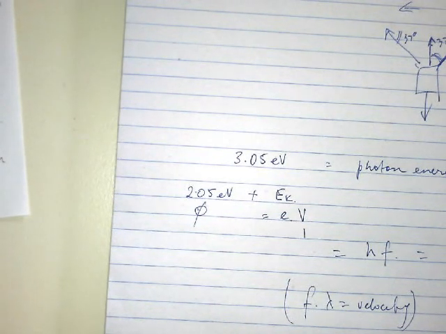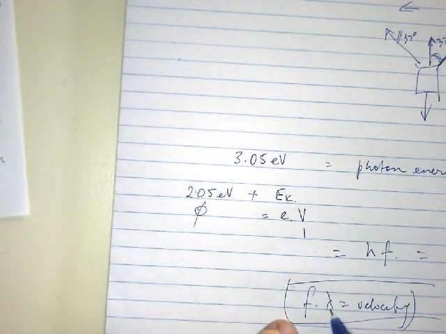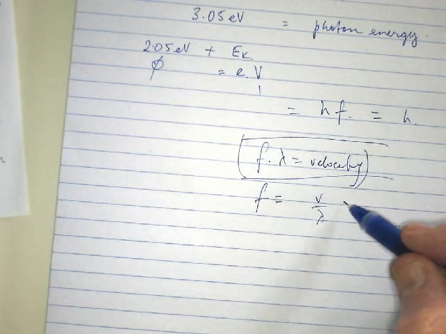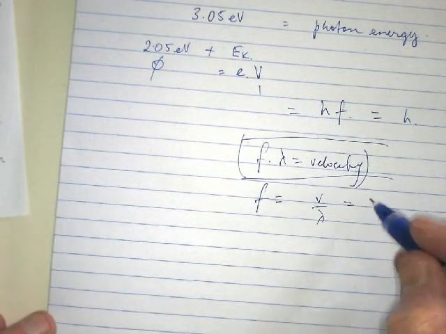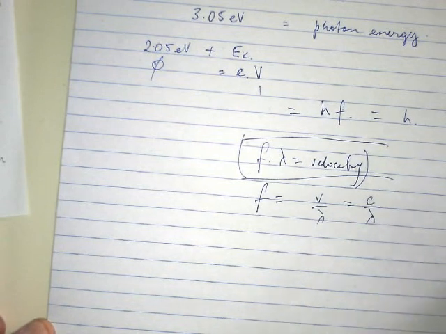So the wavelength divided by the period gives me the velocity, and 1 on the period is the frequency. So this always applies. If we don't know f, but we've got a lambda value, we could write f equals velocity divided by lambda. In this case, it's an electromagnetic wave, so the velocity is the speed of light. So this becomes c on lambda.